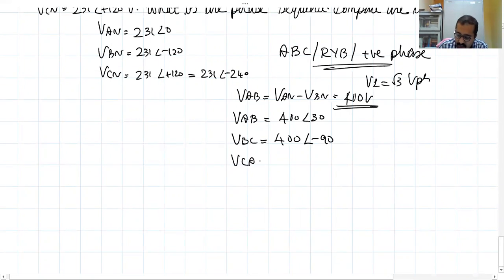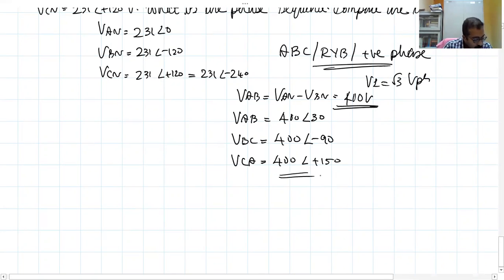And what will be VCA? It will be 400 angle plus 150. So these will be the line voltages.